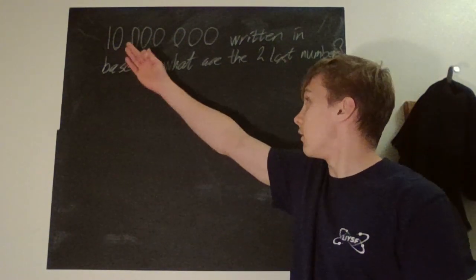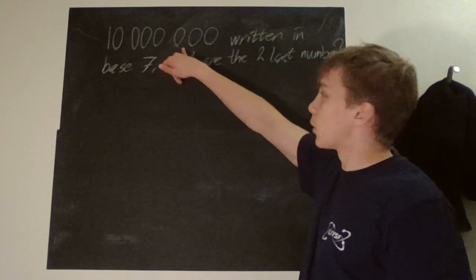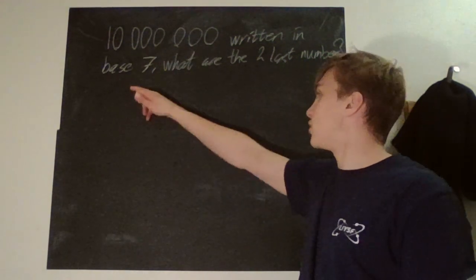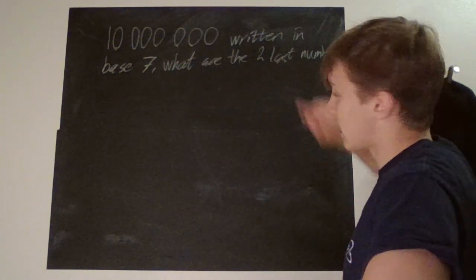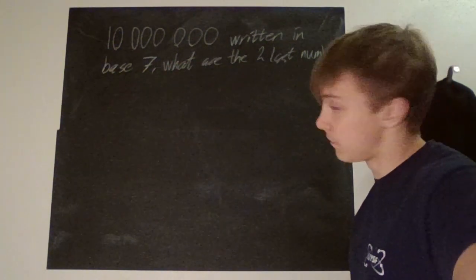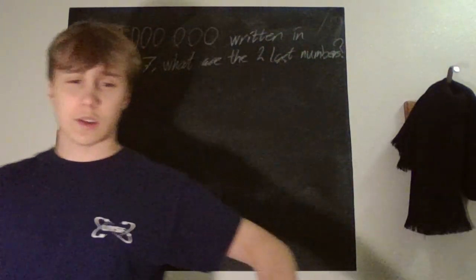So, we have 10 million, and if we were to write that in base 7, what would the two last numbers be? Okay, we'll do a quick recap.